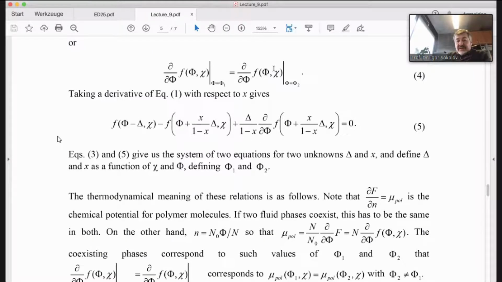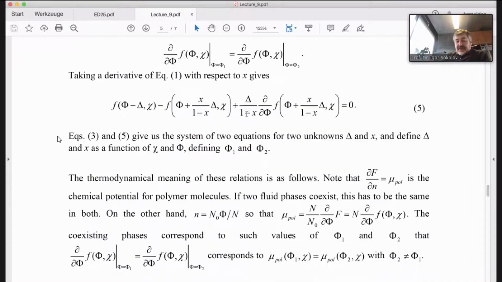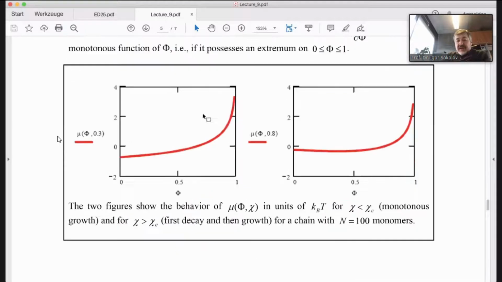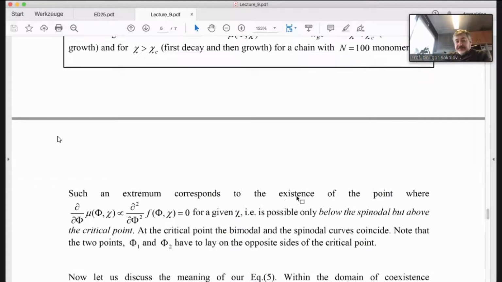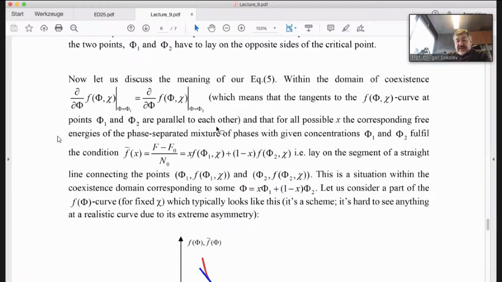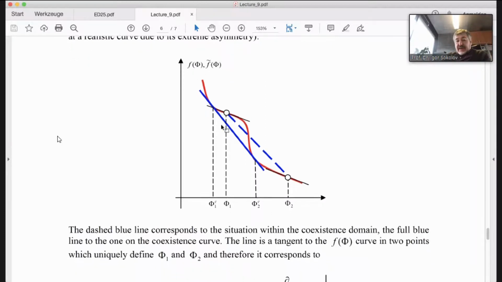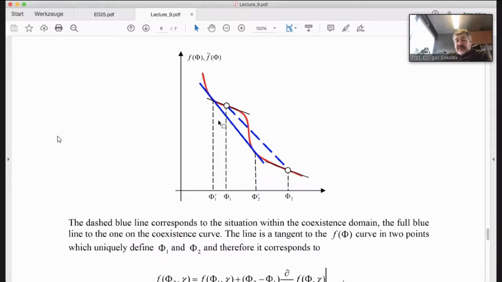But you have the additional condition that both points, if I have my f of phi, at which the derivatives are the same lay on the same tangent. And this is a condition which gives you a curve, the coexistence curve of your system.